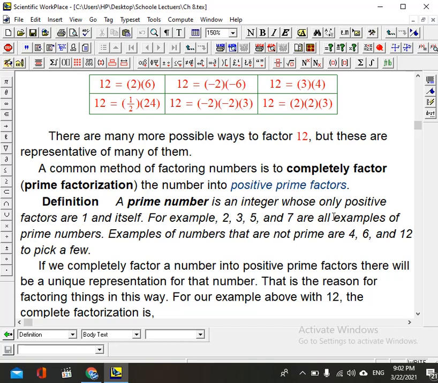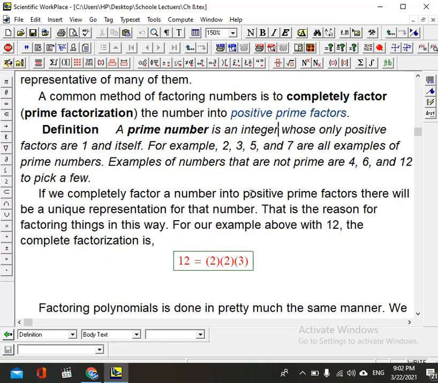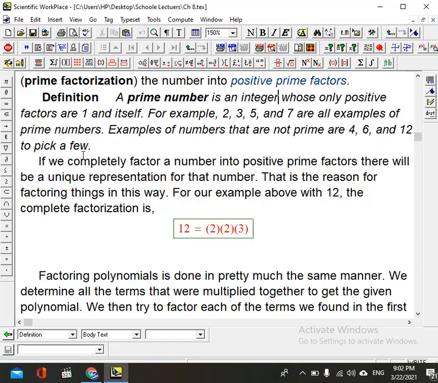For example, 2, 3, 5, and 7 are all examples of prime numbers. In other words, 4, 6, and 12 are not prime numbers. We call them composite, by the way.